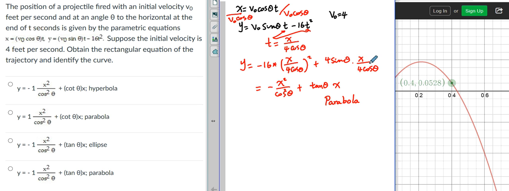We may do some cancellations. 4 squared downstairs is 16, so those two 16s cancel. We have a negative, x squared is here, and cosine theta squared is on the denominator. That's the answer for the first term. In the second term, the 4 cancels. Sine theta over cosine theta is tangent theta, and then times x.